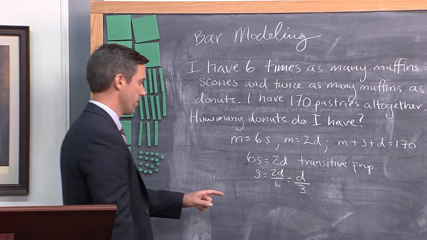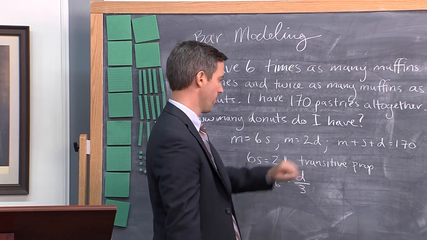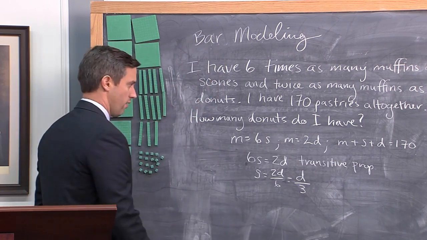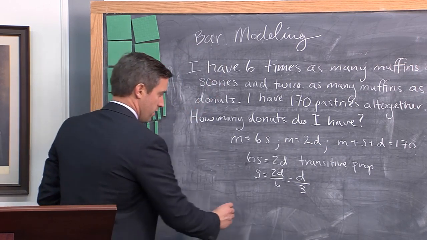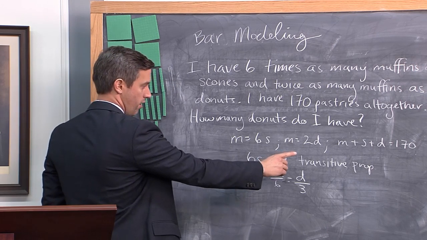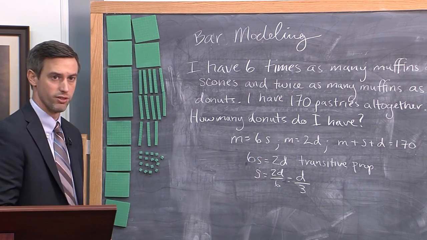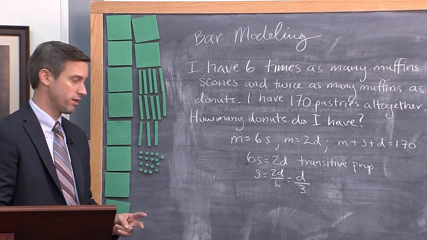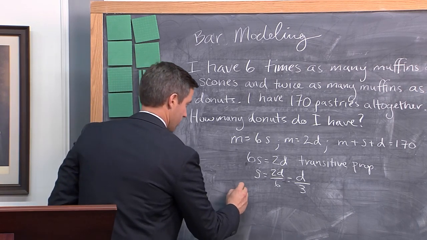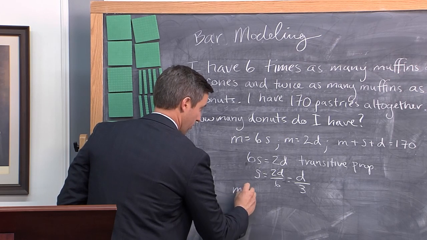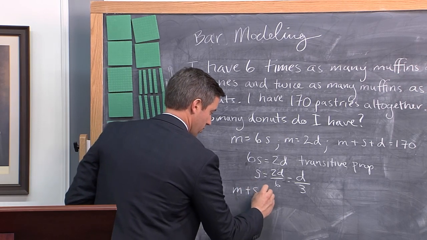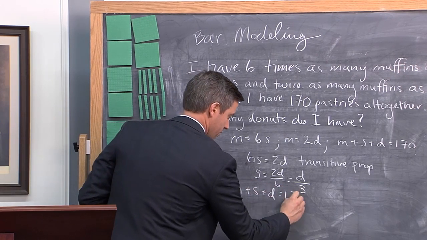So then we can go back and use substitution to put it back into the equation where we have our total. We have muffins, which is equal to twice the donuts. Let's rewrite this. Muffins plus scones plus donuts is equal to 170.